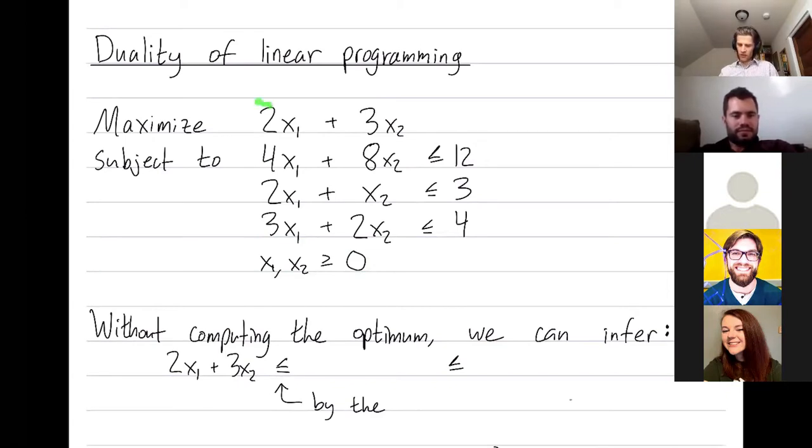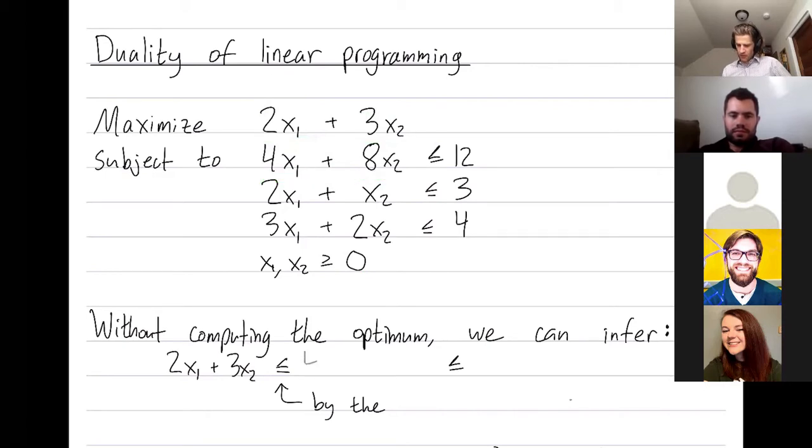So even before I solve this problem exactly, by eye, we can find some bounds on how good we think the optimum could conceivably be. Just looking at this, I'm noticing that 2x1 plus 3x2 is bounded from above by one of my constraints.